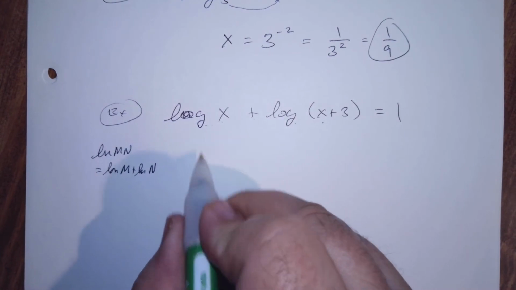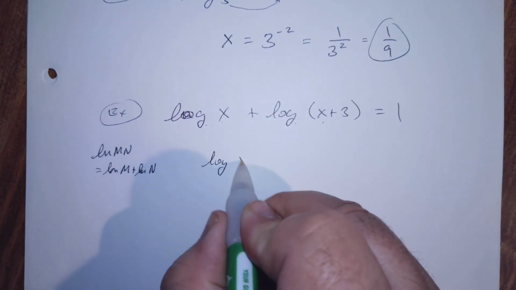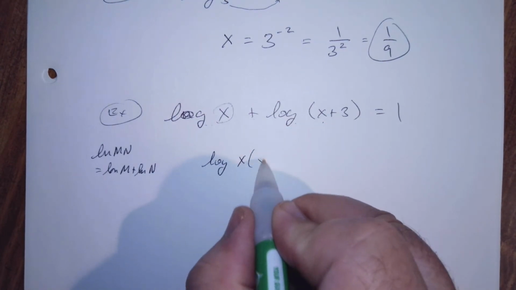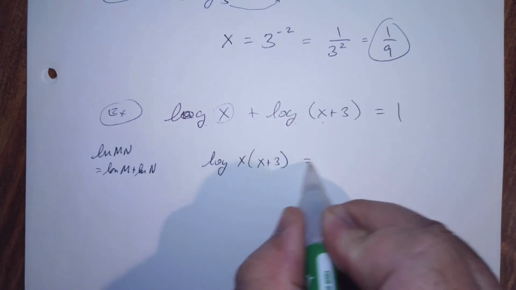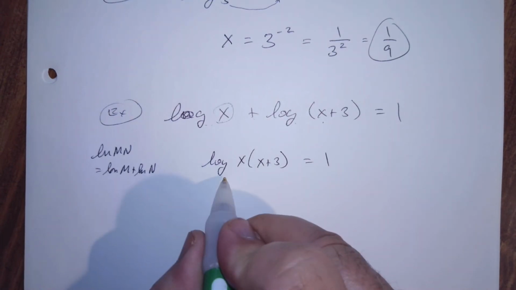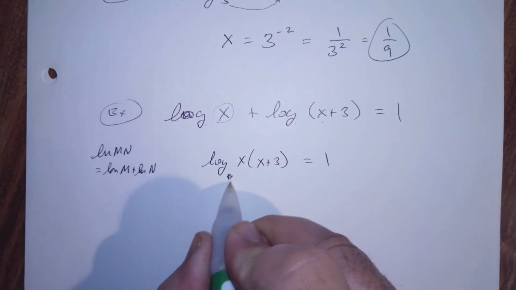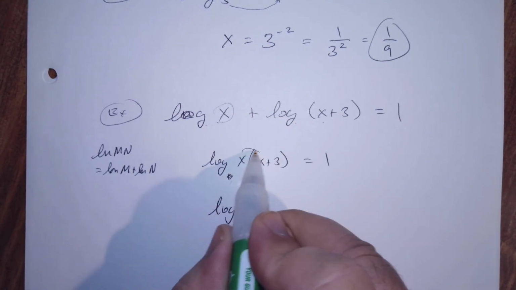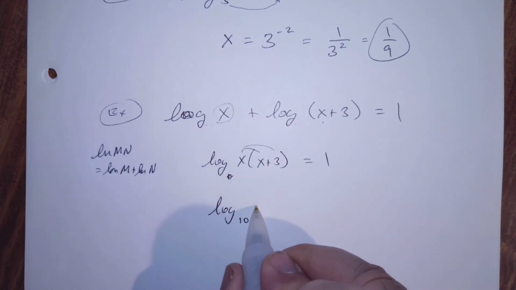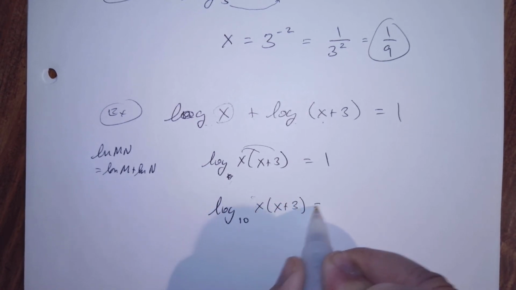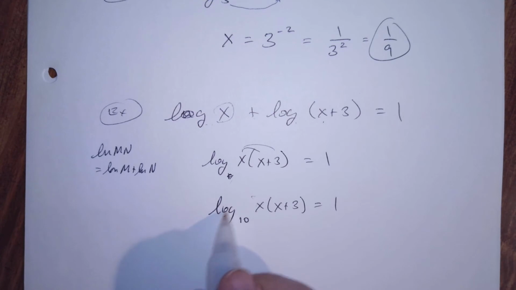So we have log x times x plus 3, that's m, and this is n, equals 1. Remember, this is log, so it's log base 10. We just leave it like that right now, because next we have to get rid of the log.